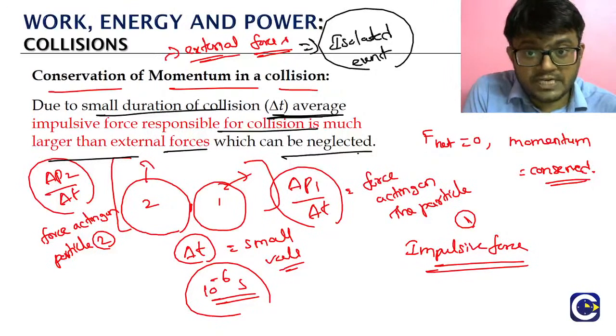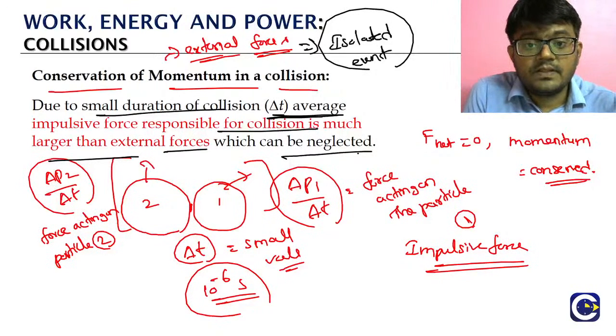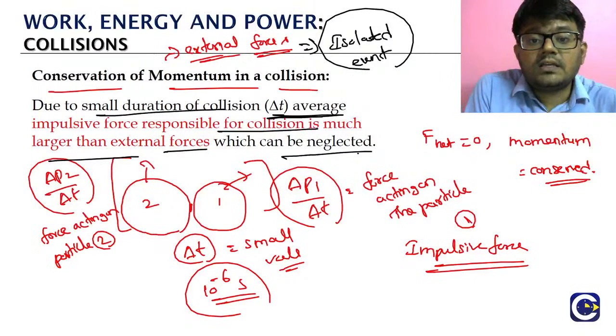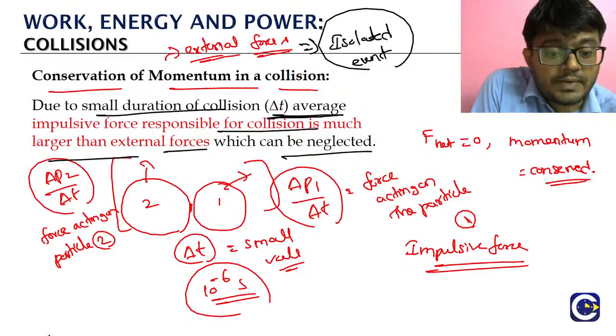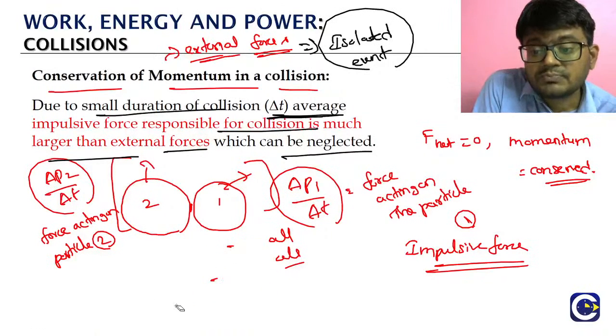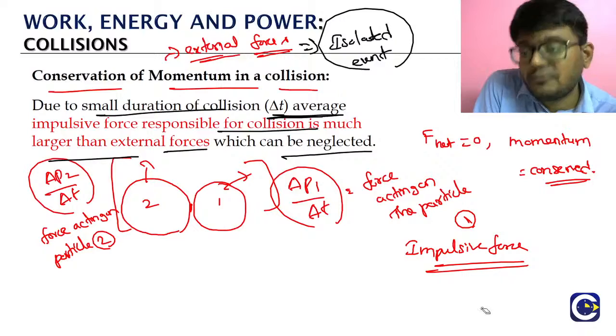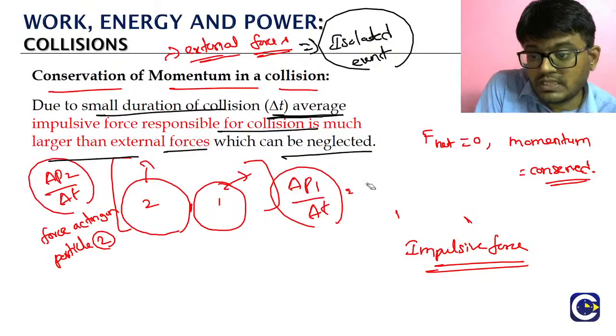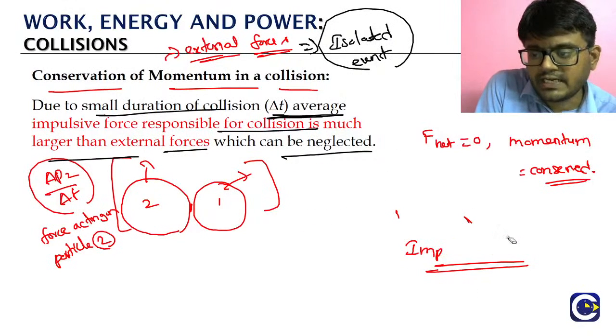There is impulsive force, which is very high. Then why are we saying the conservation of momentum principle? Because what are these impulsive forces? They are internal forces. Look at it.